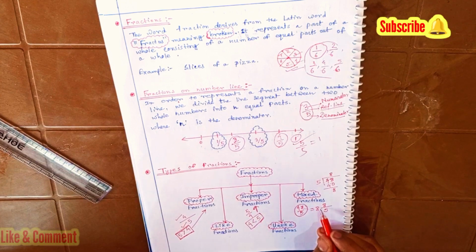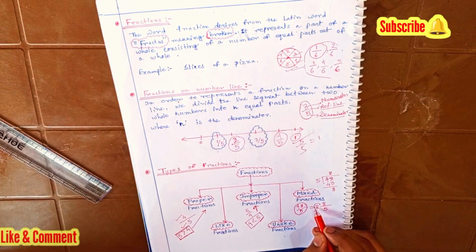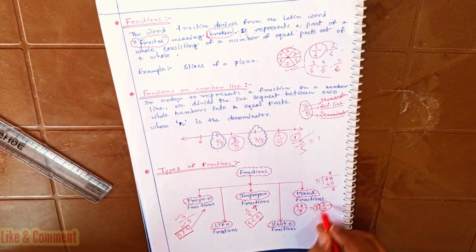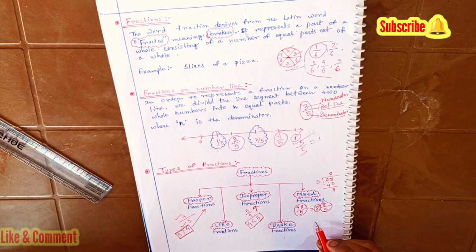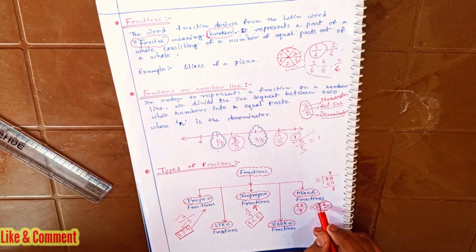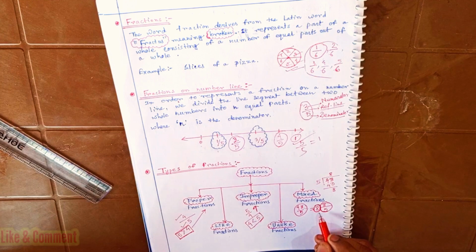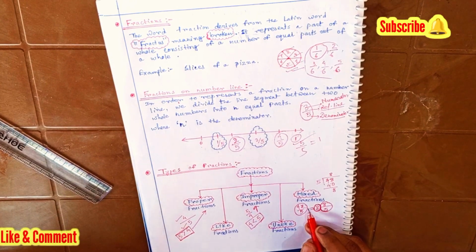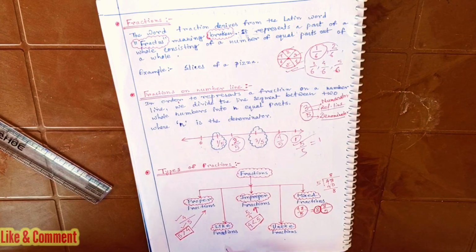A mixed fraction is the mixture of a whole number and a proper fraction. Okay. Now we have to know the like fraction.